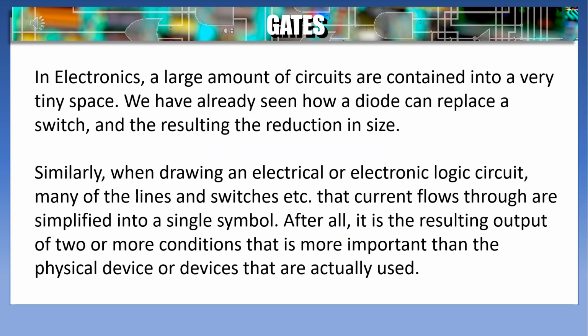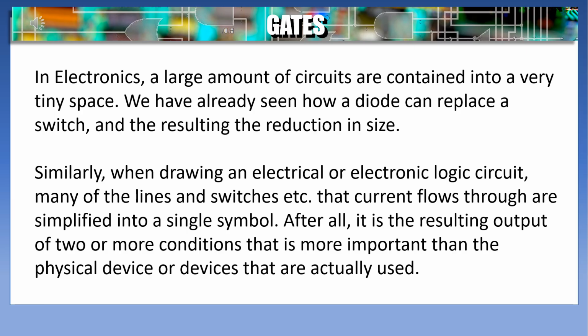We have seen how we can take an entire circuit and reduce it down to its simplest form by creating a truth table. In electronics, a large amount of circuits are contained in a very tiny space. We've already seen in our previous lessons how a diode can replace a switch, and the resulting reduction in size, because diodes are much smaller than physical switches.